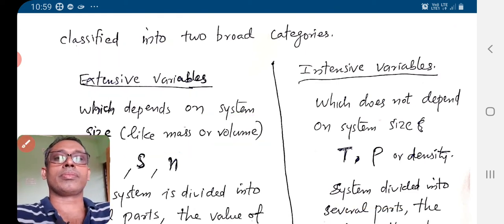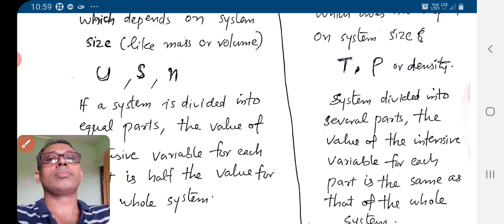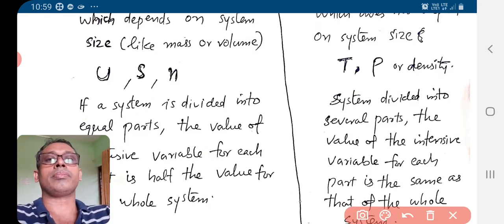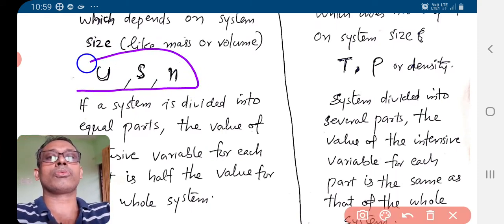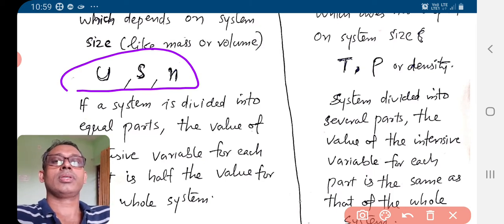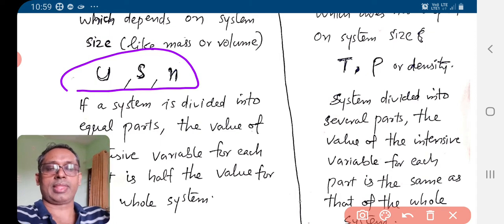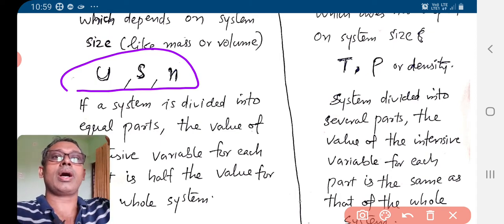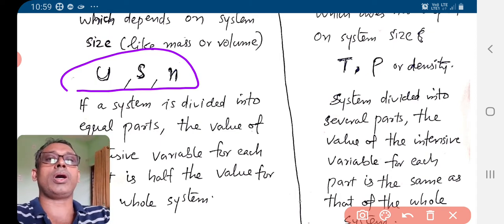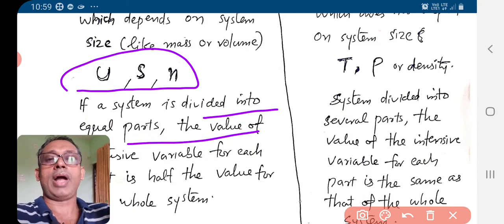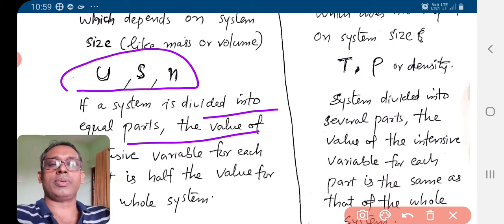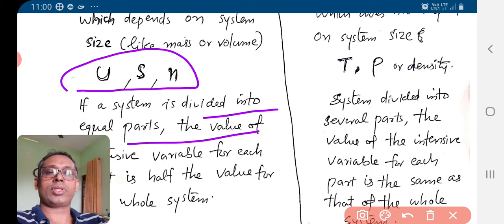The examples: energy, entropy, number of moles. These all depend on the size of the system. So if you divide the system into two equal parts, the value of each of these variables will be half of the value for the whole system.